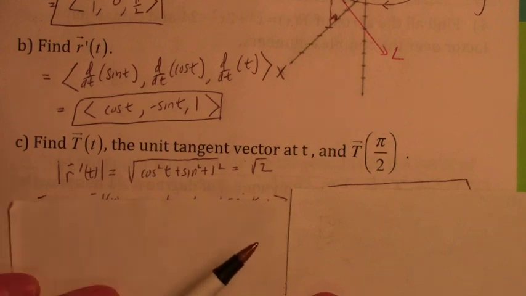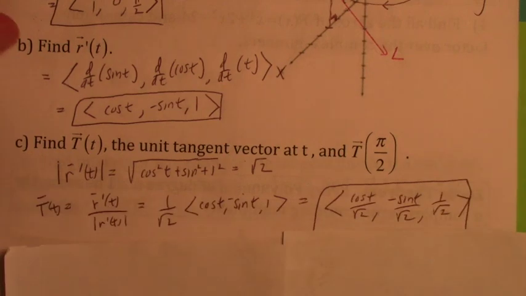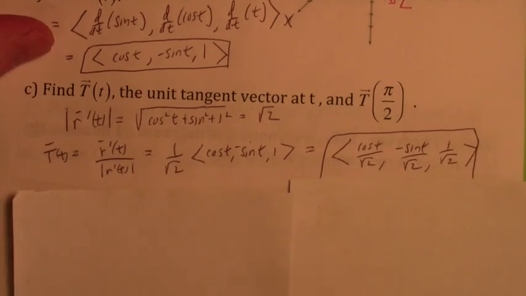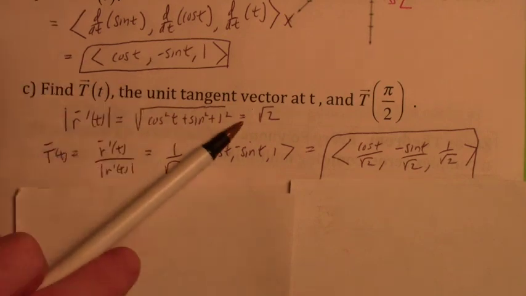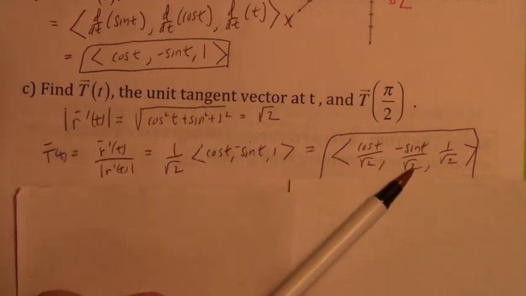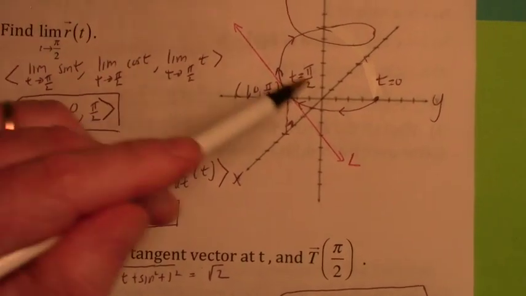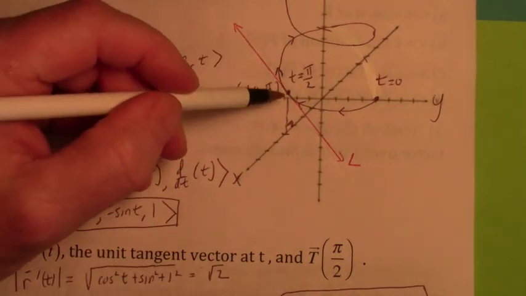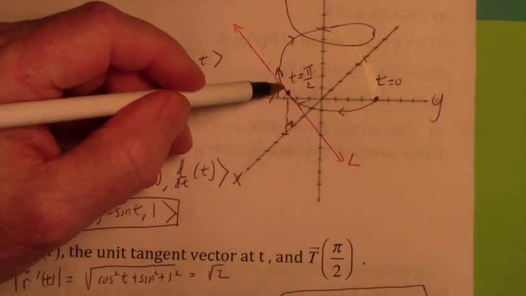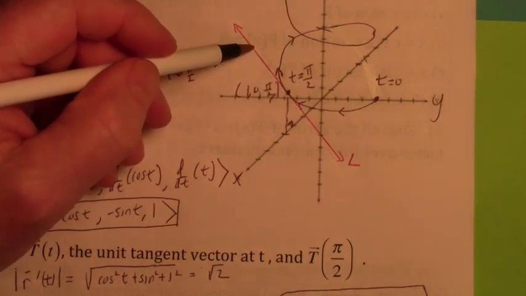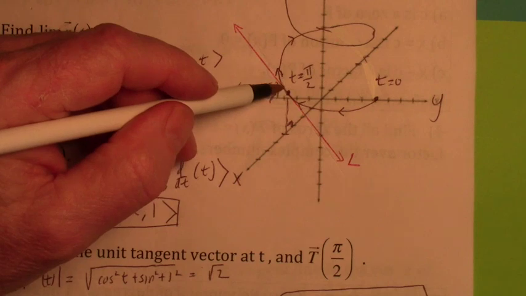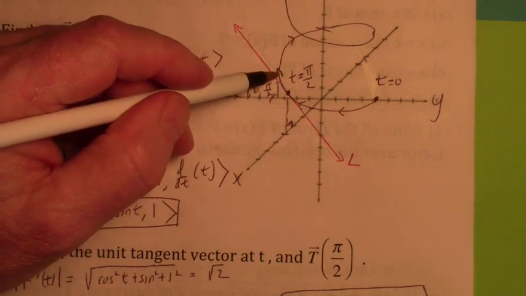So T, the unit tangent vector, would be r prime divided by the magnitude. So this would be the unit tangent vector. Getting back to the picture, you've got your tangent line at this point. The r prime is some vector here that gives the direction of the line. T is the vector in the direction of r prime that has length 1, okay?